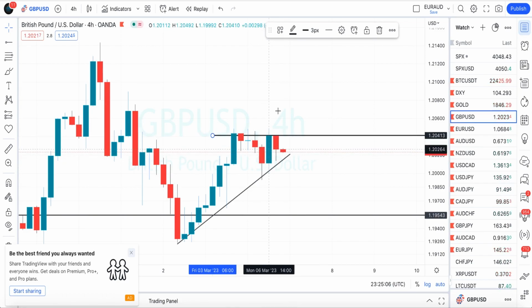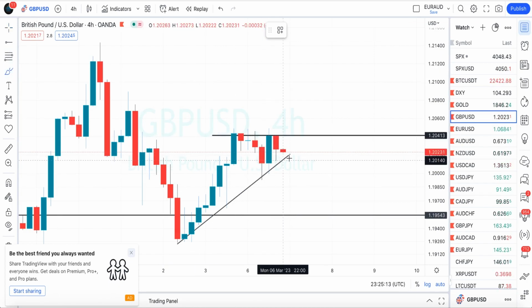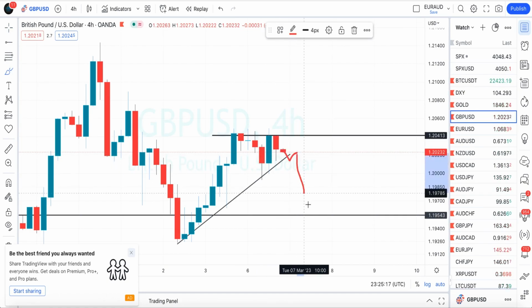Which tells you that if we have a breakout of this particular level, then we should be coming to 1.19543 as our take profit, which is almost 70 pips down.